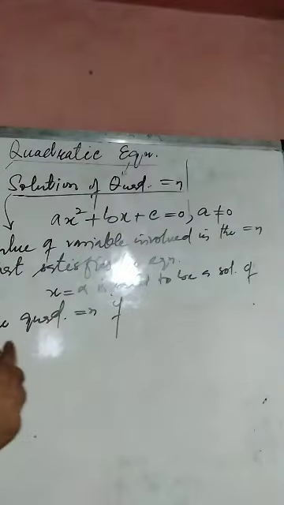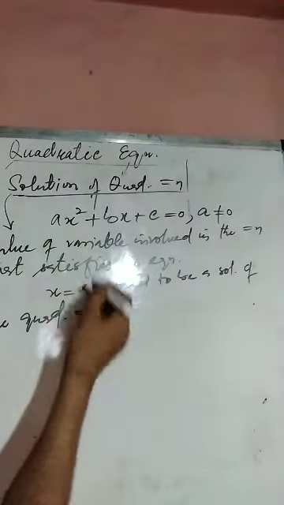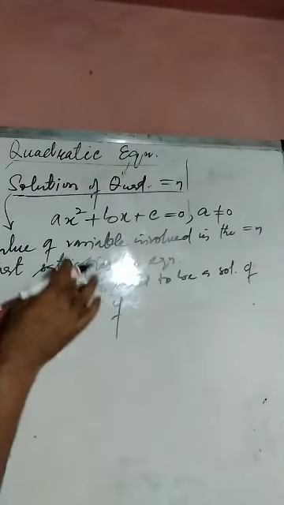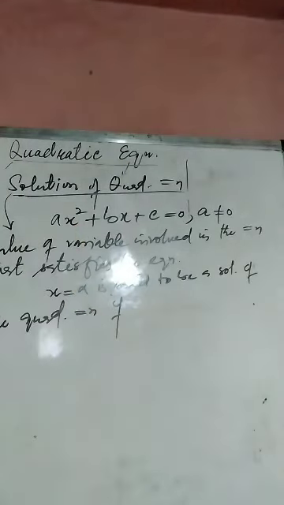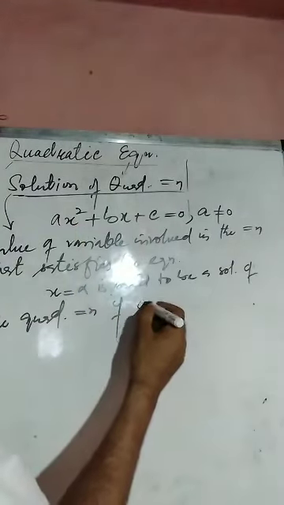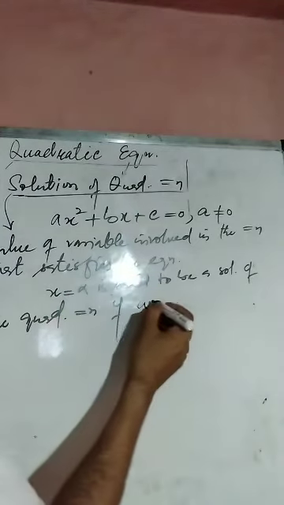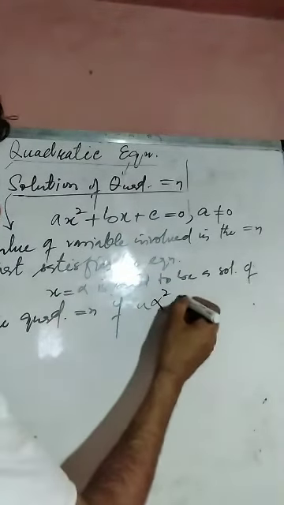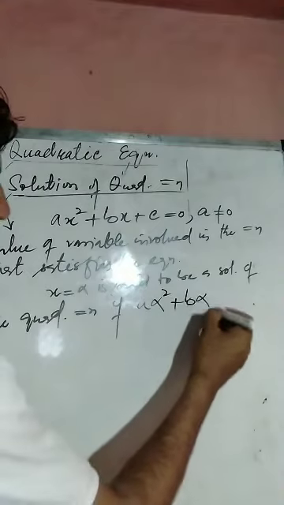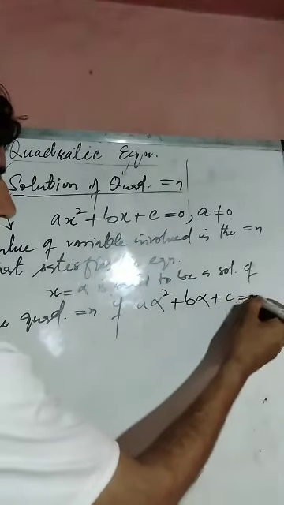How can it satisfy the given quadratic equation? If in place of x we put alpha in the given equation, then it becomes a alpha square plus b alpha plus c equal to 0.